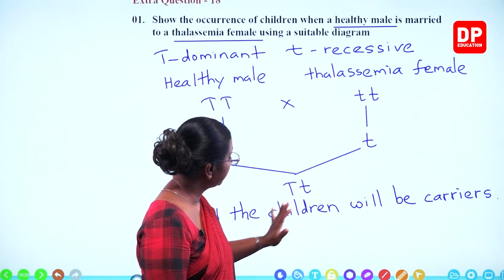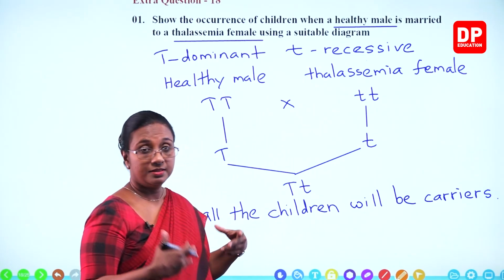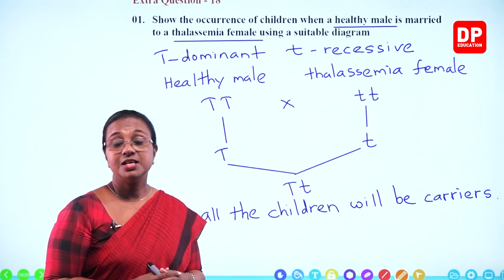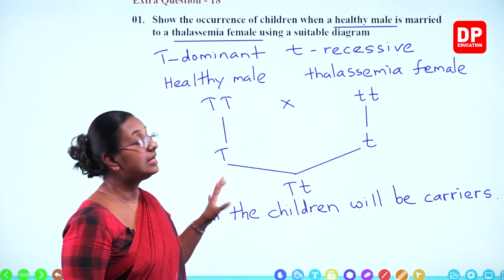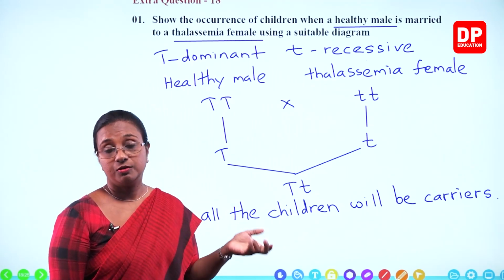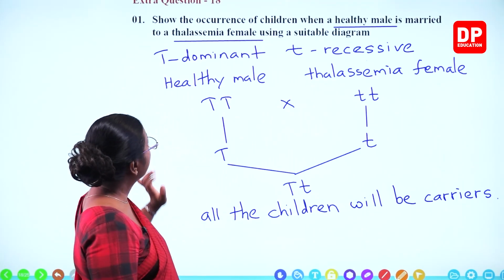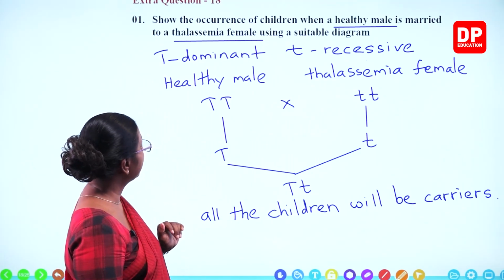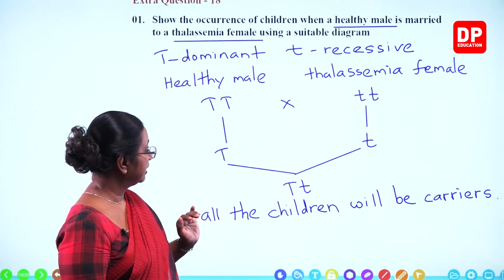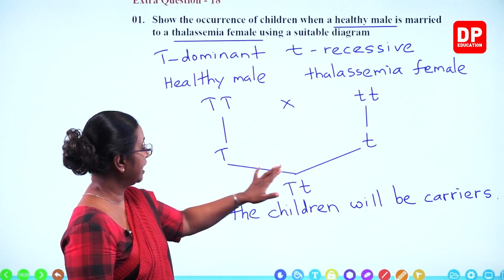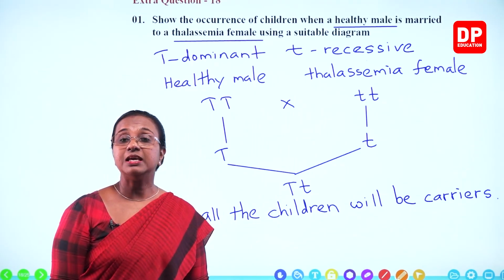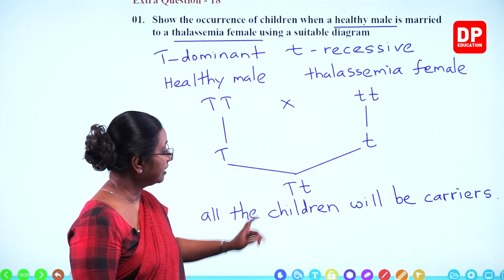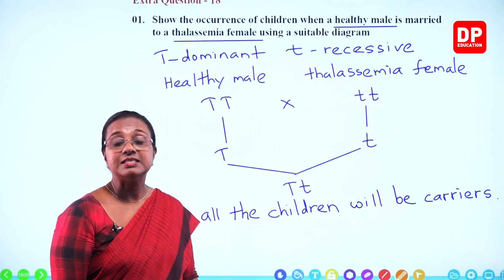The genotype that is expressed in the children is different because this is the normal independent segregation of chromosomes. So healthy male, thalassemia female, only one type of gametes, sperms and eggs. So when they combine, all the children will be carriers. Heterozygous condition. Is that clear to you all?